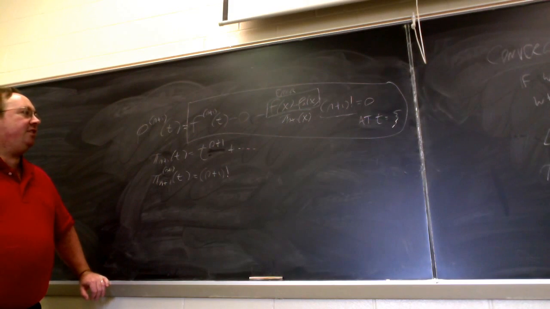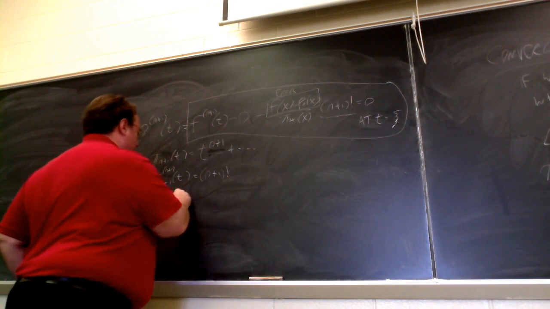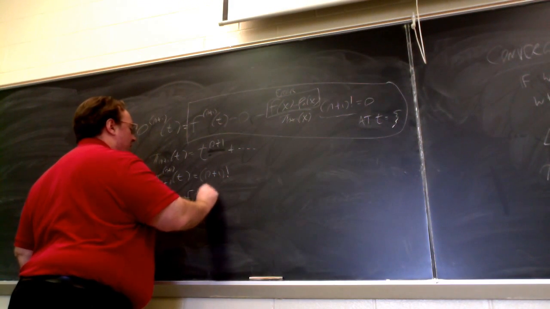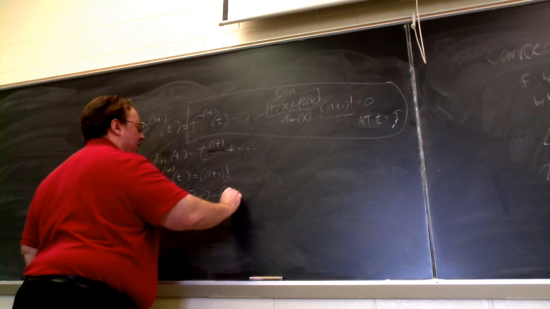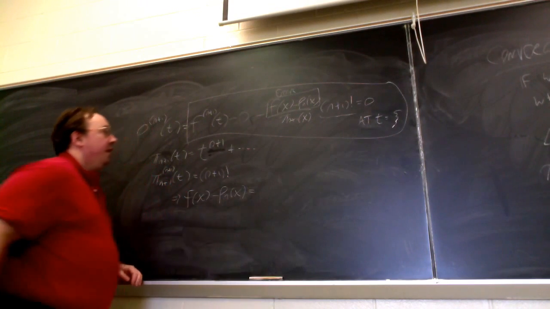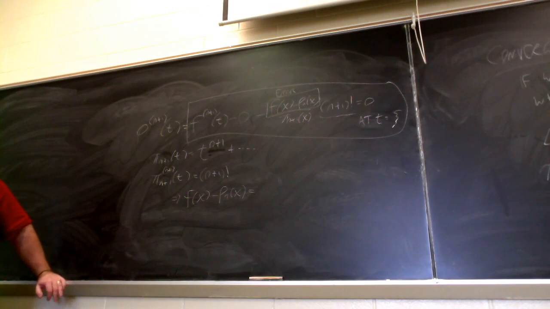So if I go ahead and set t equal to xc, and rearrange this to isolate f minus Pn, what would that be equal to?